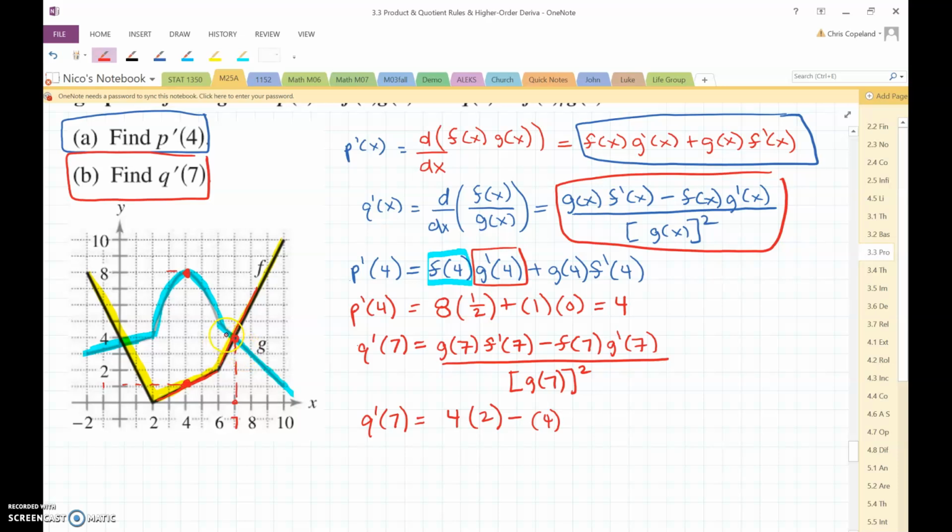And g prime of 7 would be this line. That's going to be negative 1 because it's down 1 to the right. All over g of 7 squared. Well, we know g of 7 is 4 squared. So let's see, the numerator would be 8 plus 4, which would be 12. The denominator would be 16. So this would simplify to 3/4.